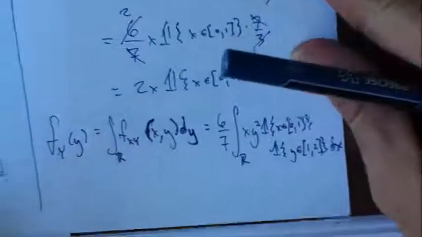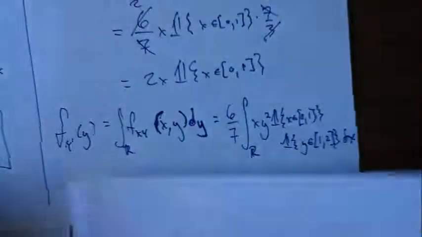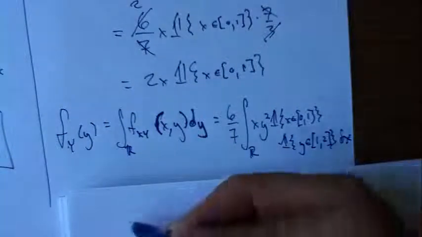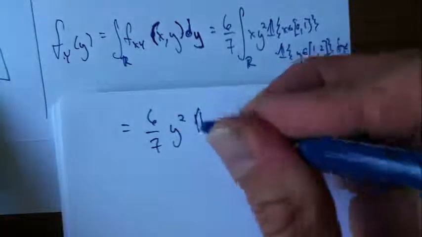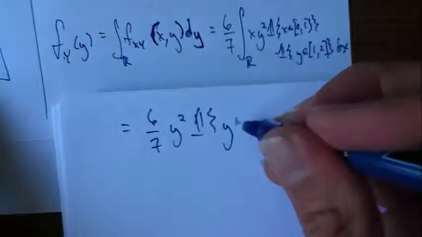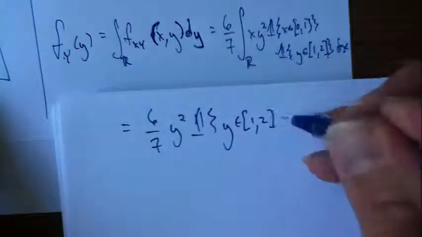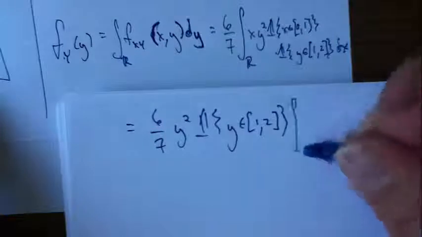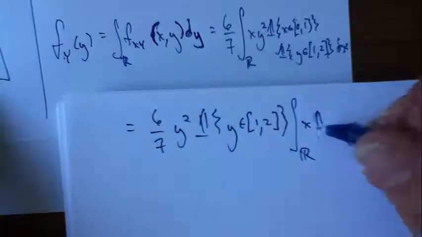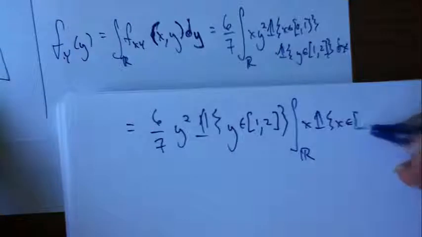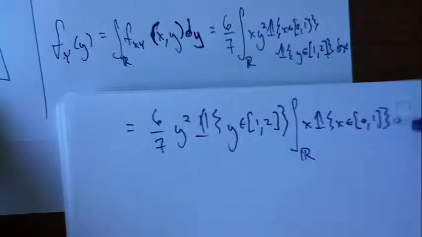So this is 6/7 times y squared times the indicator function that depends on y, times the integral over the reals of x times the indicator that x is between 0 and 1, dx.